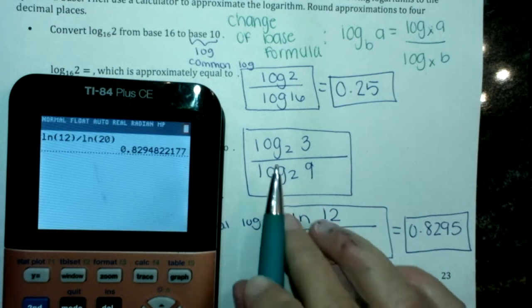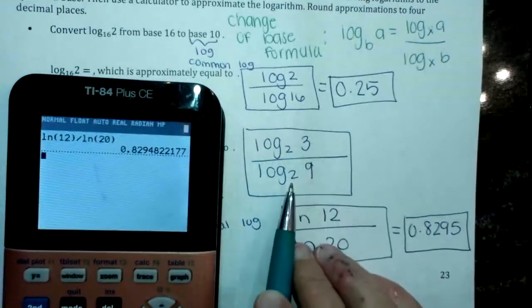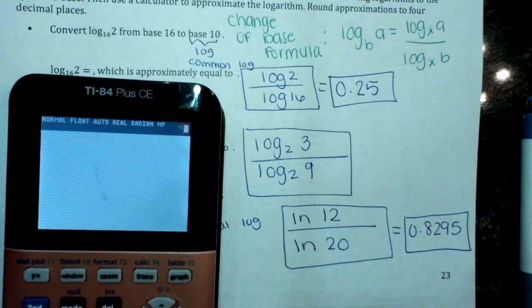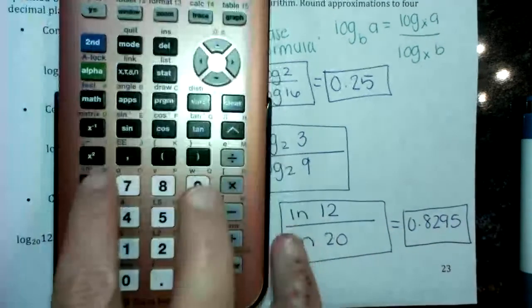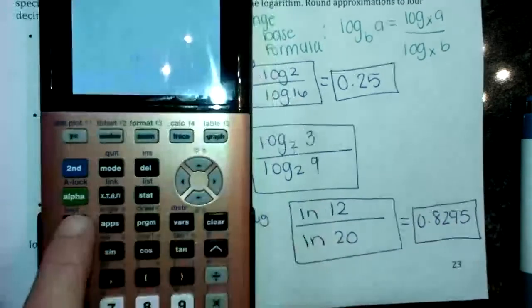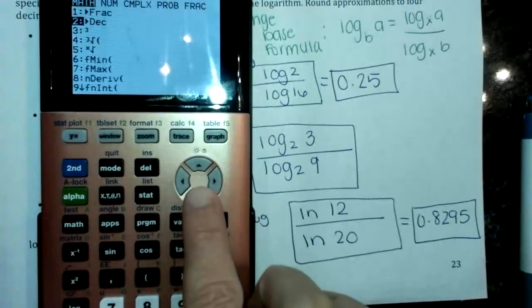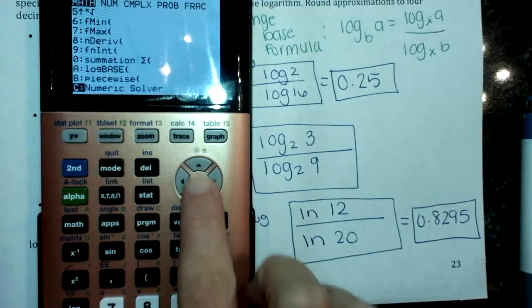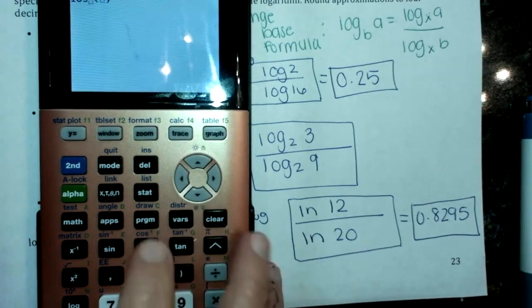All right, couple things. So we have log base 2 of 3 divided by log base 2 of 9. So let me show you how to do that base thing that I was talking about, how you can put in base 2, because on here I only have common log and natural log. If you go to your math button right here, and scroll all the way down, right here it'll say log base, so press enter.